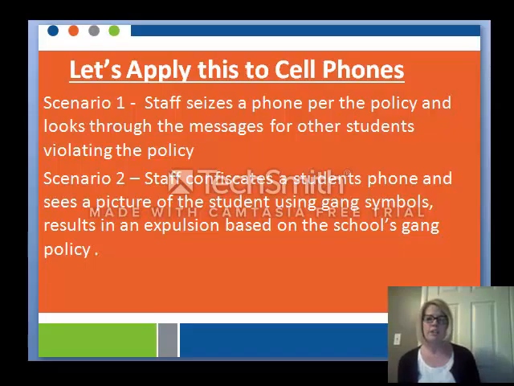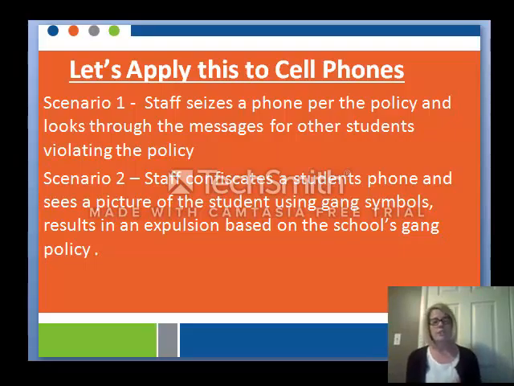Upon seizing the phone, the teacher and the administrator begin to look at the student's text messages for evidence that other students may be violating school policy. I want you to think about, given what we know, does this scenario meet our reasonableness test? Would this qualify as a reasonable search and seizure?